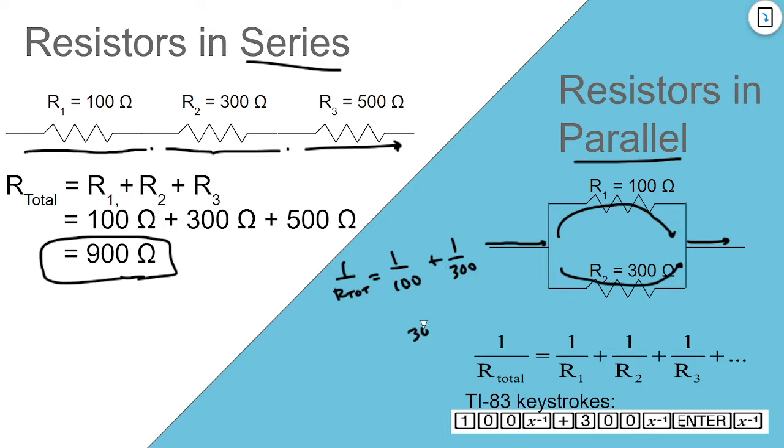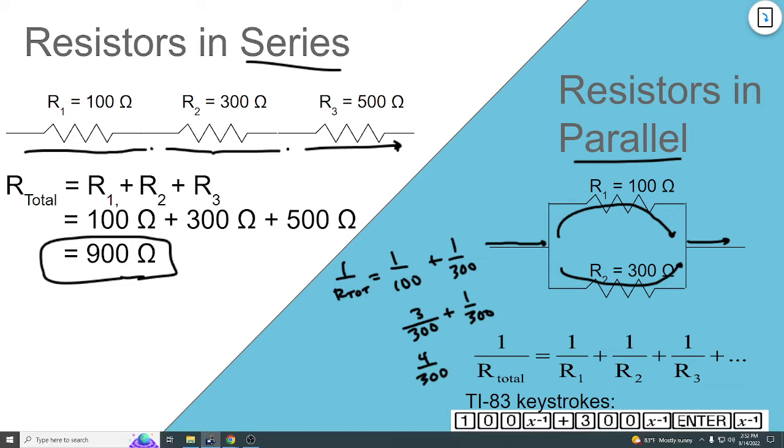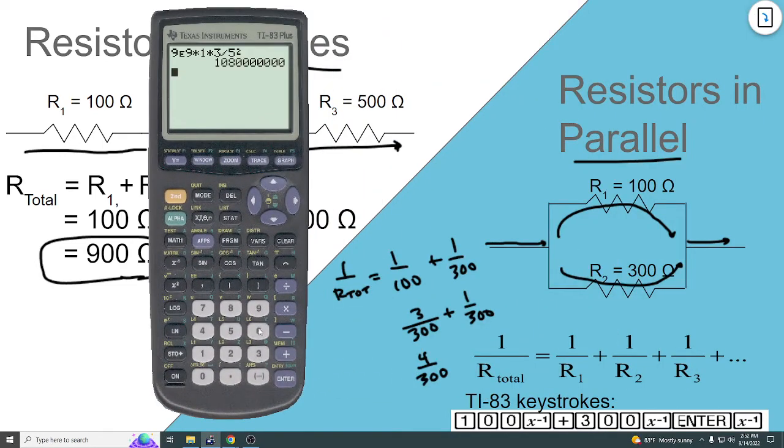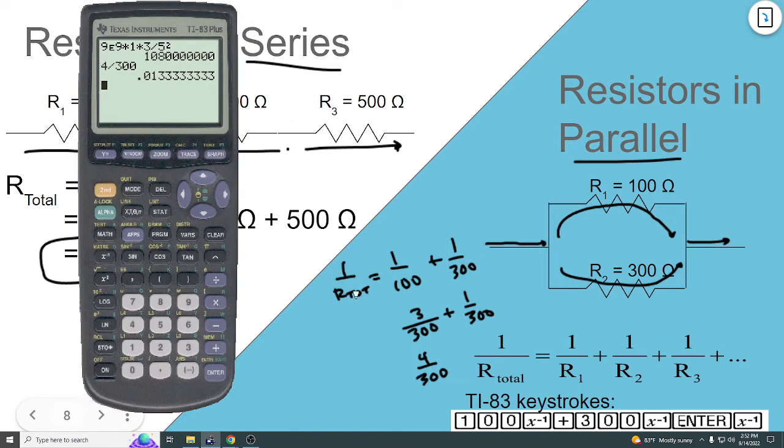Common denominator would be 300. So I'd have 3 over 300 plus 1 over 300 is 4 over 300. And then I'd have to get a value for that. 4 divided by 300. And then there's one more thing that I'd have to do. See how that's 1 over R total? I'd have to invert the whole thing.